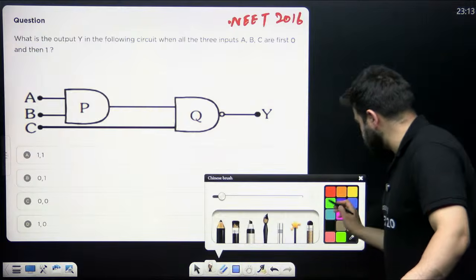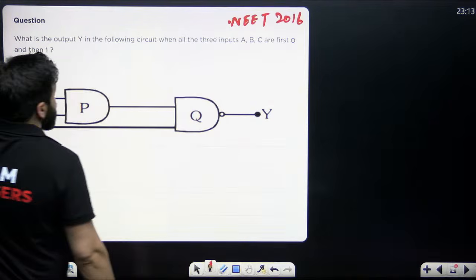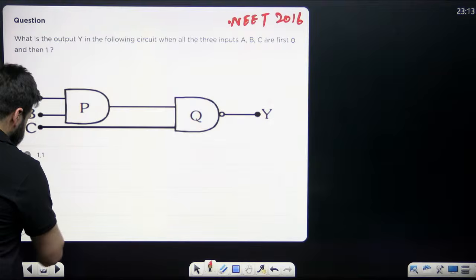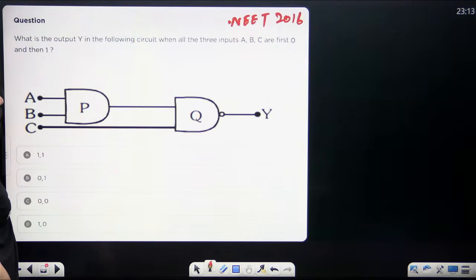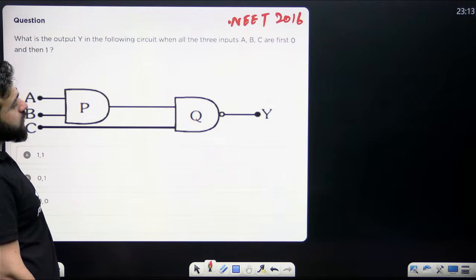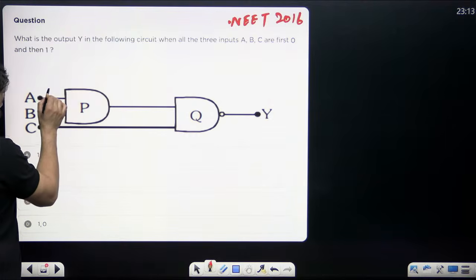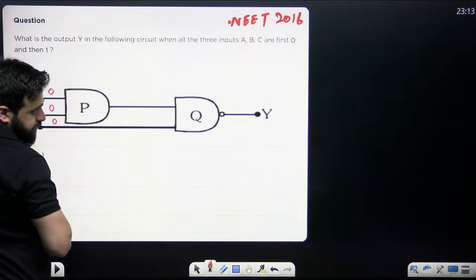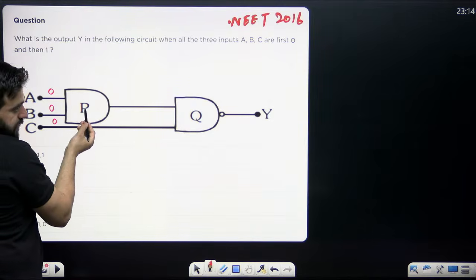Now take a look, boys and girls, over here. What is the output in the following circuit when all the three inputs A, B, and C are first 0, then 1? If you put 0, 0, 0, what is the final output? This is AND.